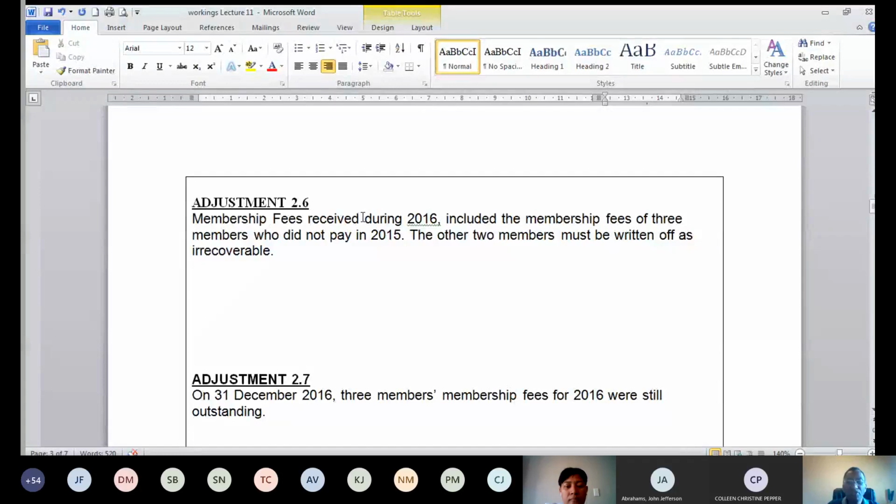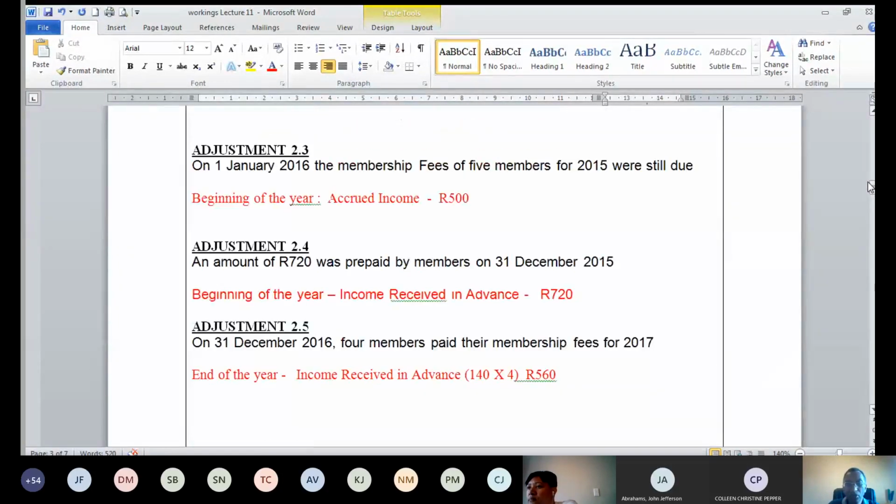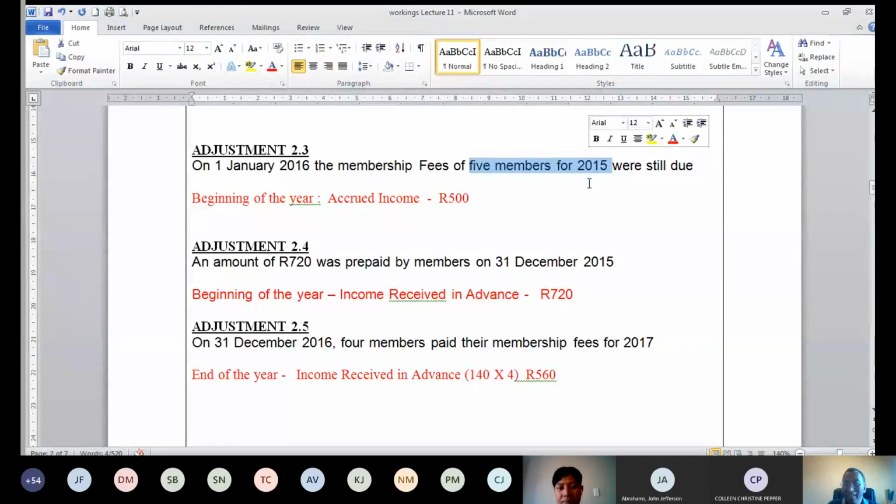Back to our adjustment. Membership fees received during 2016 included the membership fees of 3 members who did not pay in 2015. Link this now, guys, to the beginning of the year. When the year started, 5 members didn't pay their membership fees for 2015.